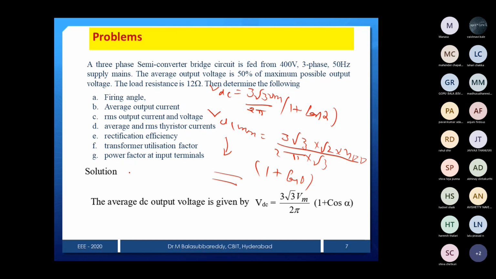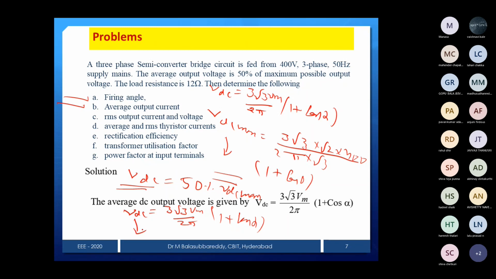And then the actual VDC is equal to 50% of VDC maximum. Now I know VDC also. First, I want to find the firing angle. How will you get the firing angle? Again use the same formula: VDC is equal to 3 root 3 Vm by 2 pi into 1 plus cos alpha.